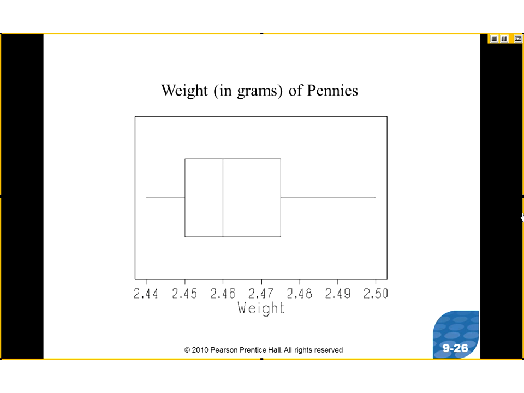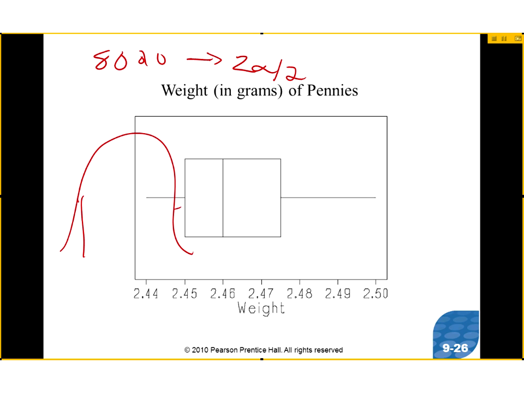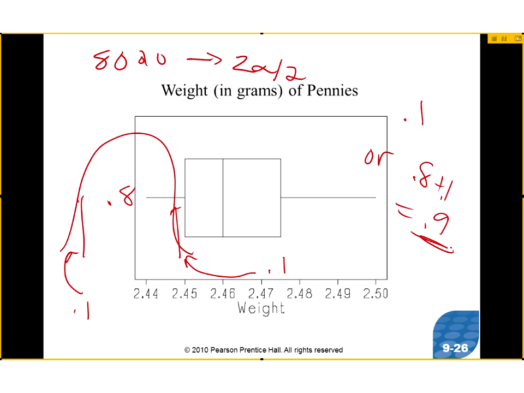Let's say it wanted the 80% confidence interval, the z of alpha over 2. That's not on the chart. So if I draw myself a picture, I know that the area in between is 0.8, so the area in each tail is 0.1 and 0.1. I could either look up the negative z value by putting in 0.1, or look up the positive z value using 0.8 plus 0.1, which is 0.9.